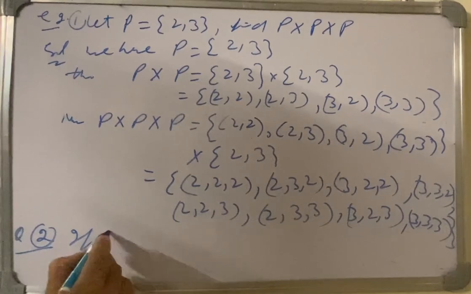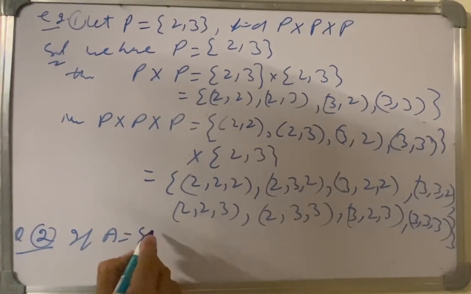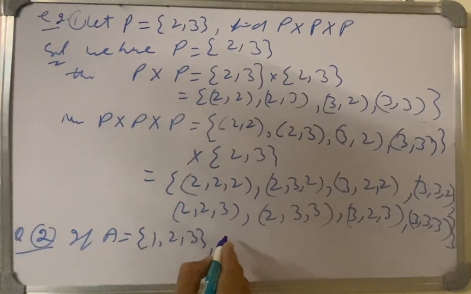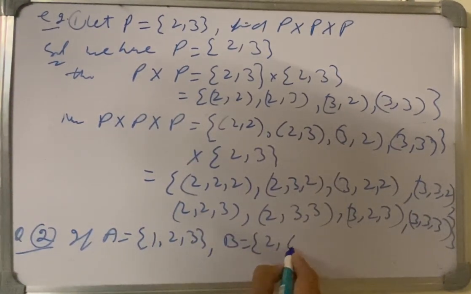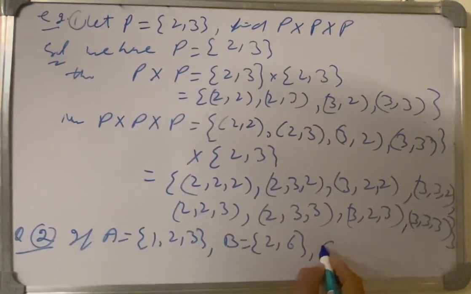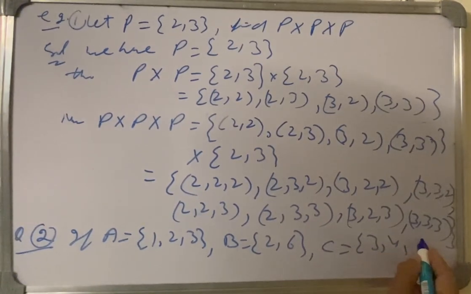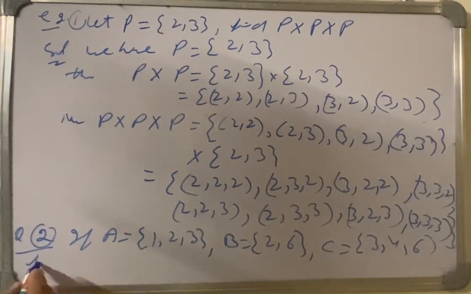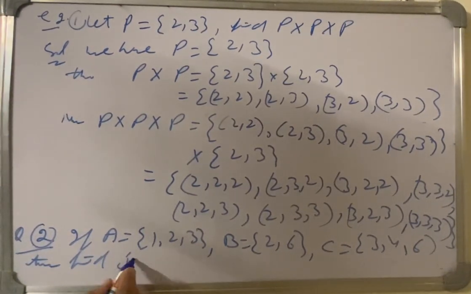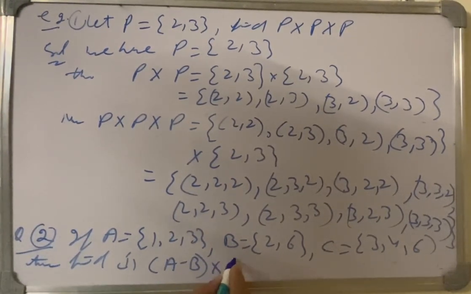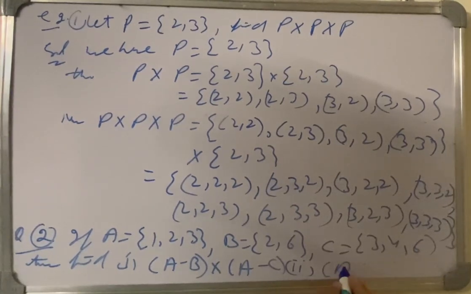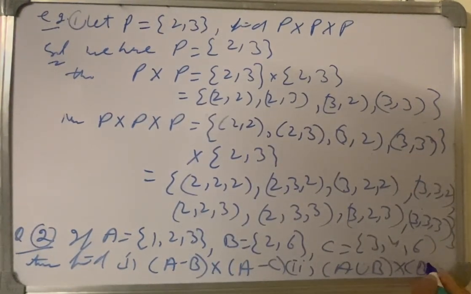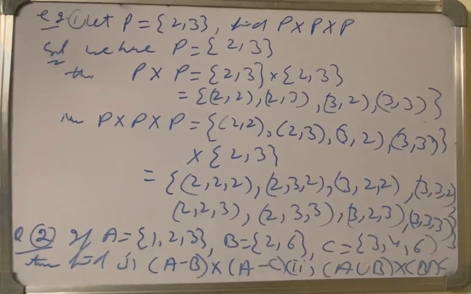If A is {1, 2, 3}, B is {2, 6}, C is {3, 4, 6}, then find number 1, the Cartesian product of A minus B and A minus C. Second, the Cartesian product of A union B and B intersection C.